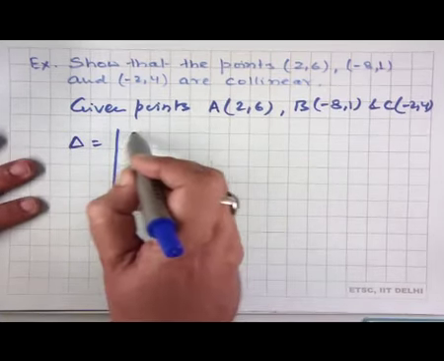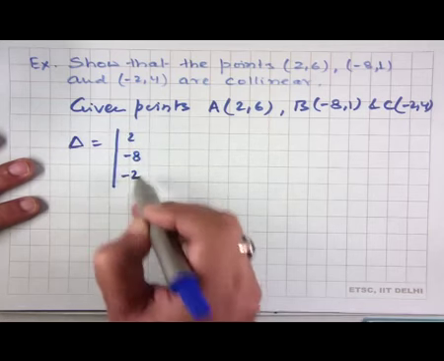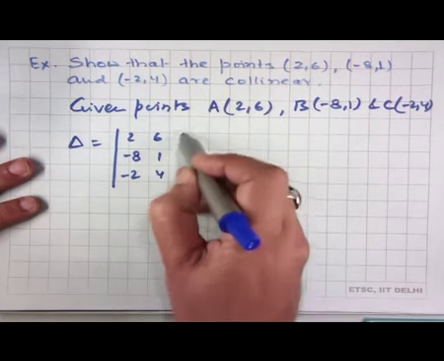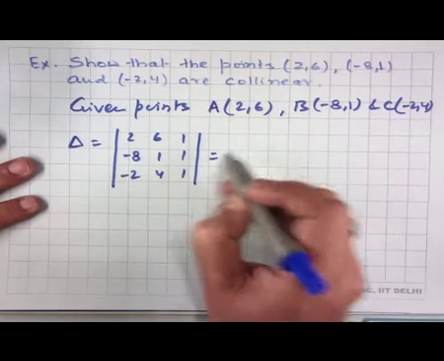So the determinant with rows 2, minus 8, minus 2; 6, 1, 4; 1, 1, 1. Expand it.